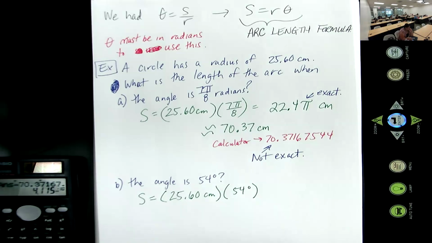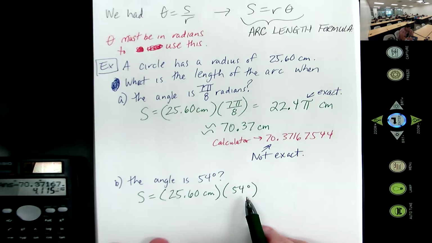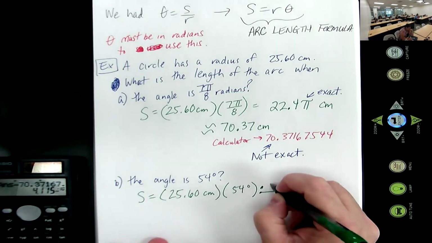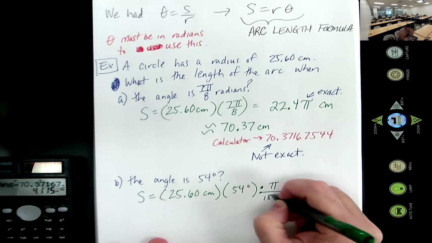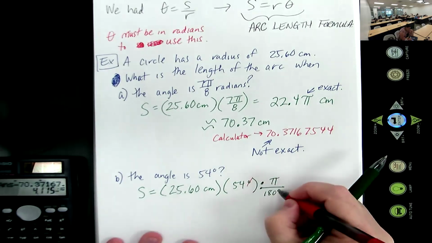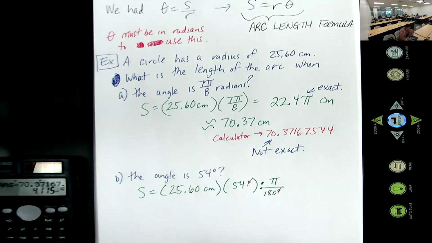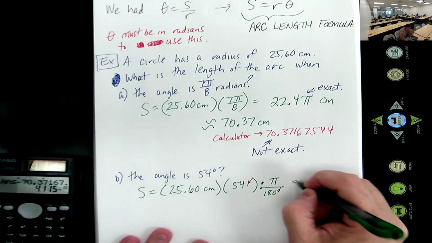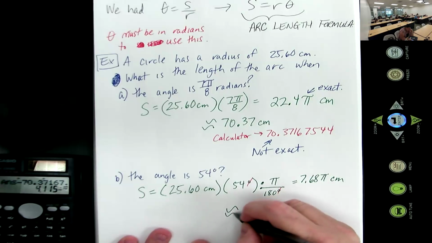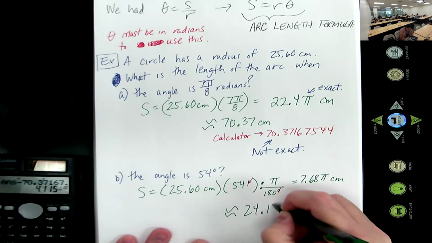Now I have two forms of units: centimeters and degrees. I don't want degrees, so we need to turn it into radians. We'll multiply this by pi over 180 degrees. That will clear the degrees and give us a value we can use. This ends up being 7.68 pi centimeters, or to be useful, approximately 24.13 centimeters.